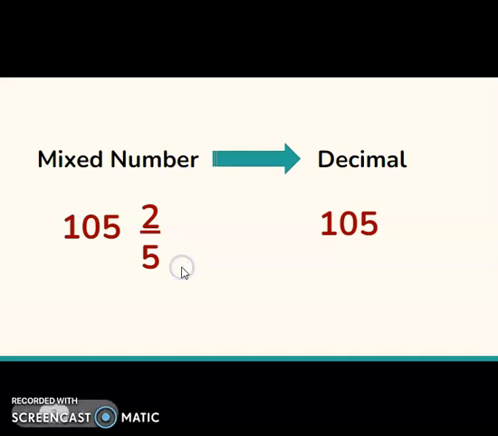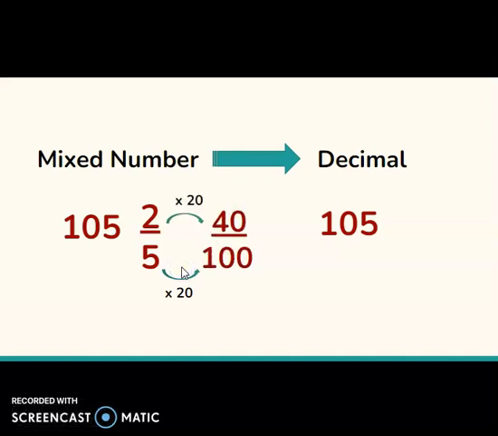So 20 times 5 is 100 and 20 times 2 is 40. So our fraction would become 40 upon 100. Since we have converted it to equivalent to 100, now it is easy for us to write it as a decimal number. So our 2 upon 5 could be written as 0.4.